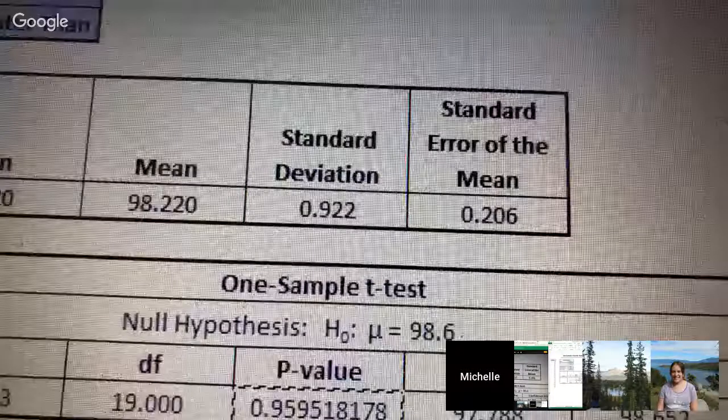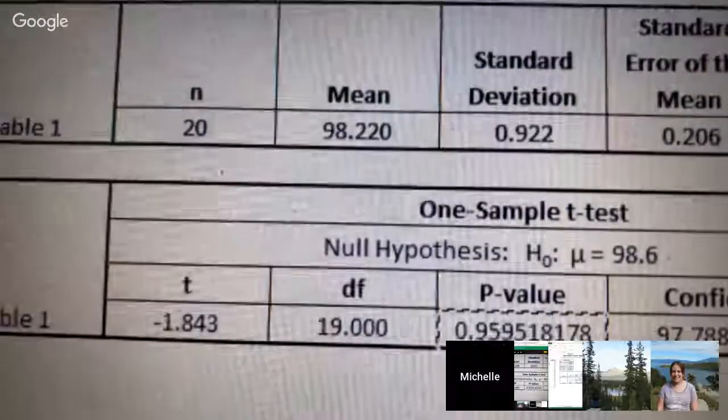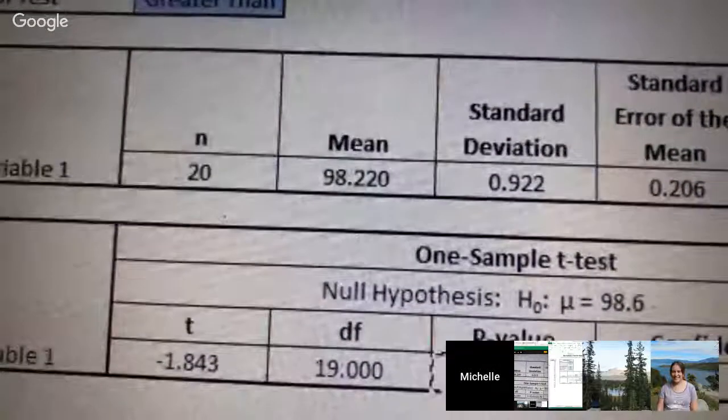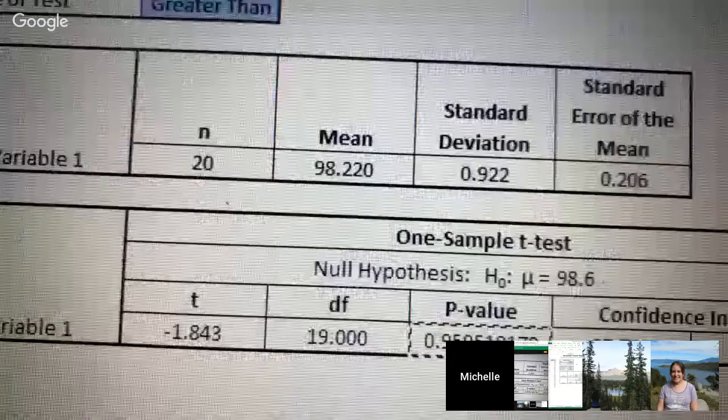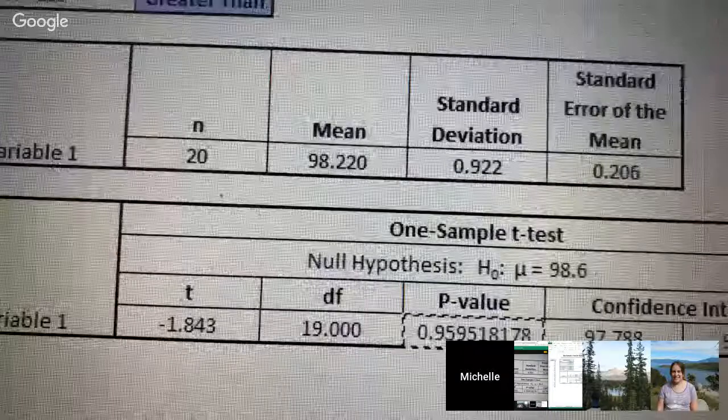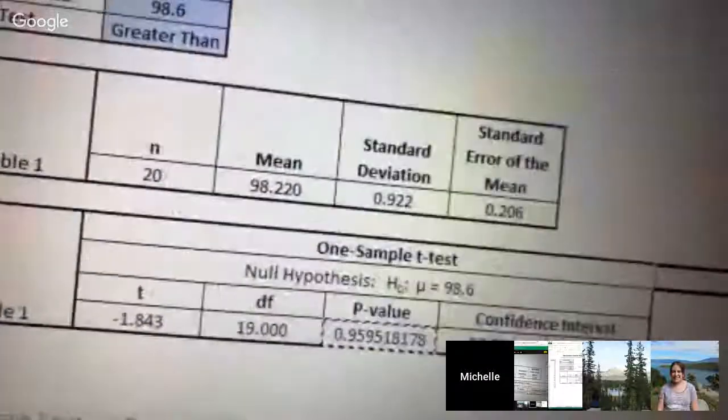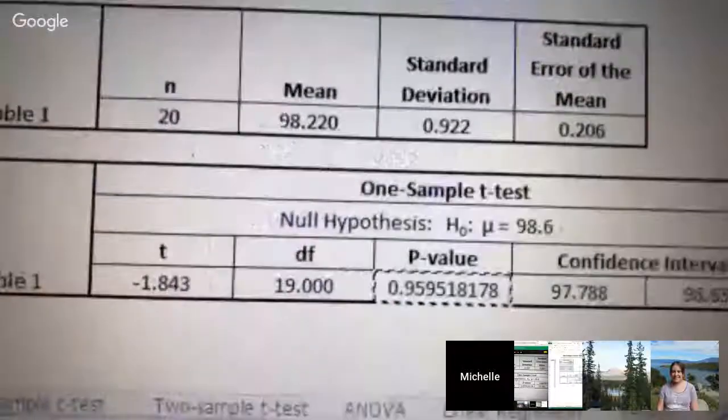A lot of our numbers are the same, but mine has a different p-value. What did I do wrong? Wait, what is that n value right there? I have a 20 and you had a 0, but then now you have 20.